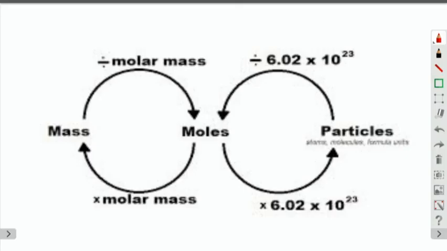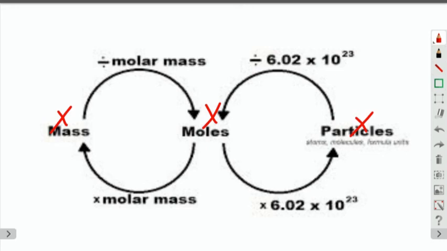So we just finished our last example for today's class, but I did want to throw something on the screen that might be helpful for someone who wants more structure with their notes. If you want to write down this kind of, not flow chart, but it really is just to help you figure out what you need to use when you're given a problem. This is a chart that says mass, moles, and particles.